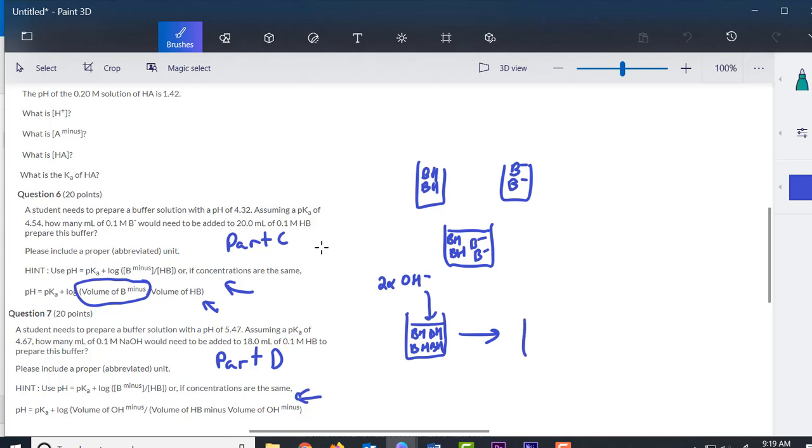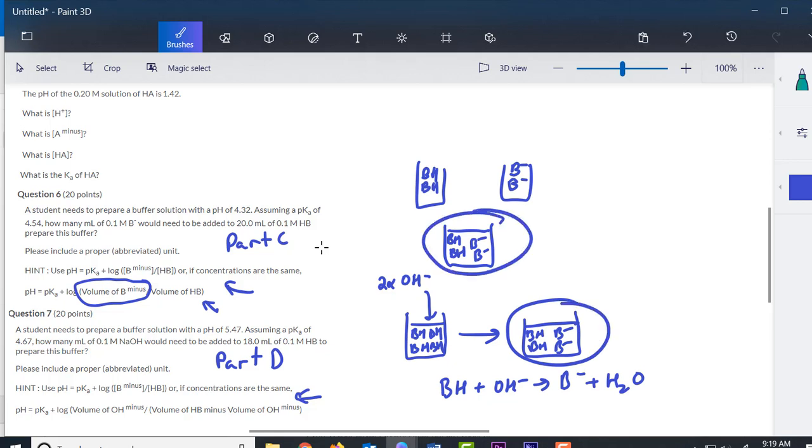Now what's going to happen is I'm going to end up getting this, BH, BH, and 2 of the other BHs will convert into B minus and B minus. Now the reaction that's occurring here is that BH plus OH minus gives B minus plus H2O. We're not interested in the water, we already know it's an aqueous solution, but if you look at the end result, it's a buffered solution just like we got for part C here.